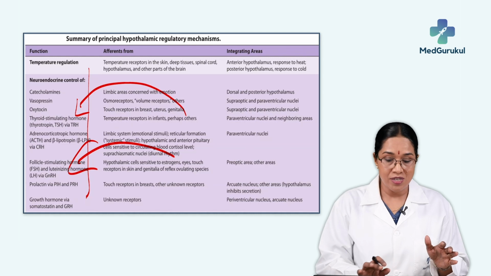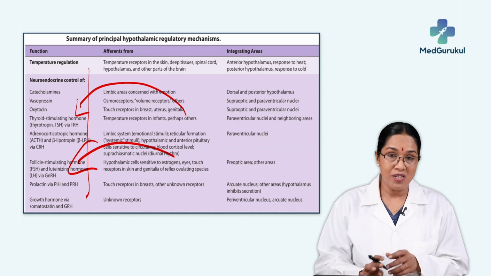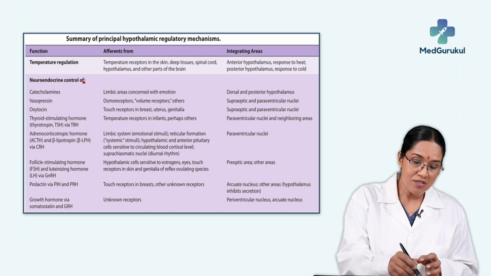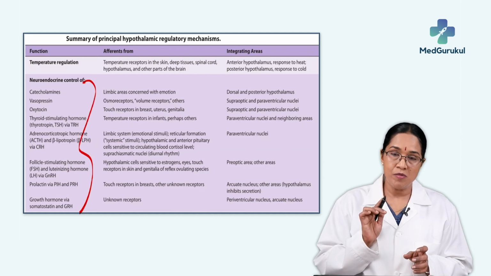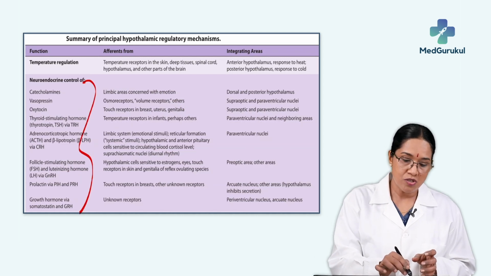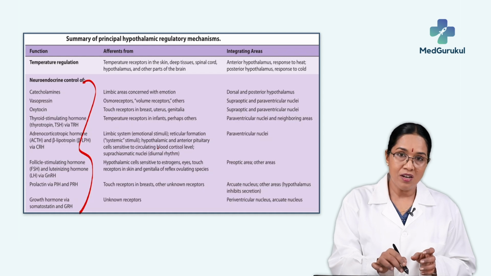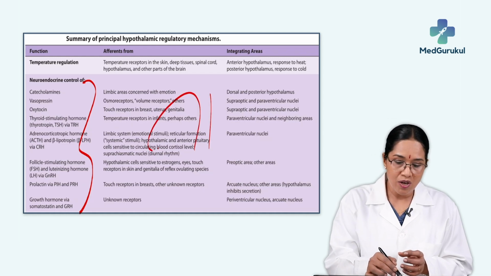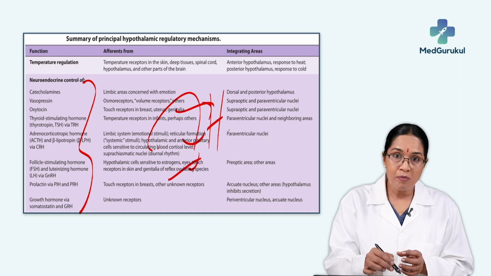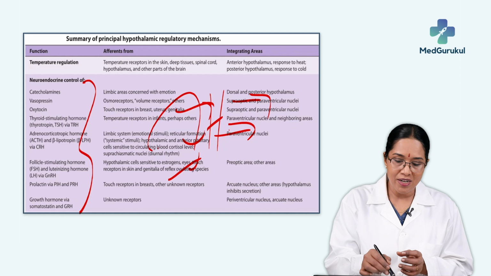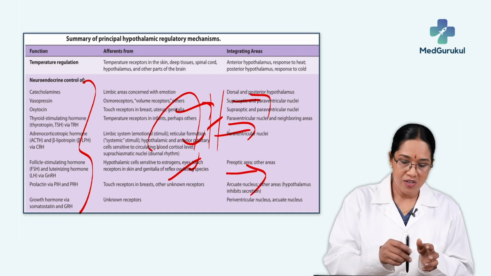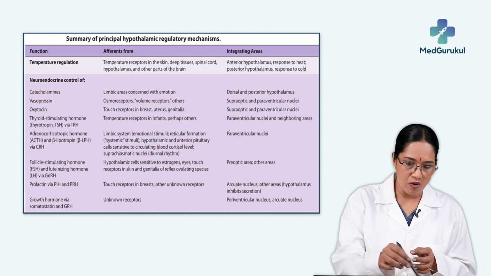Now you look at the right hand side, integrating areas. That means connections need to, see, these are the functions which the hypothalamus is doing. Fibers need to come from here. From here, the hypothalamus takes the input, and here you have the hypothalamus, it will take the inputs from here, and what the hypothalamus does is it will integrate in all these areas, receives functions from this center part of the tabular column.